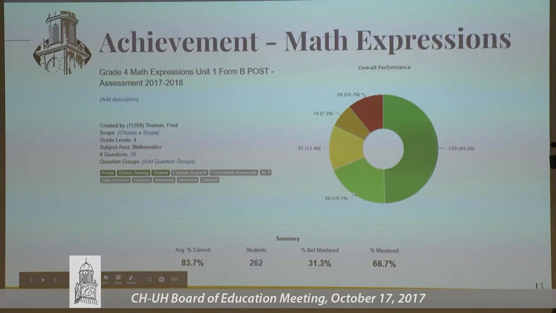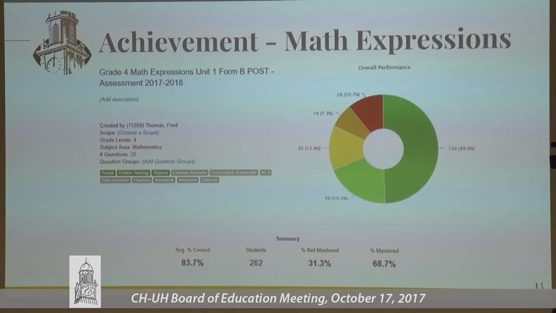What are the different color gradients represented in this chart? The different colors are set up with the same or similar language to the state test, where I believe green is advanced, the light green is, I believe so.